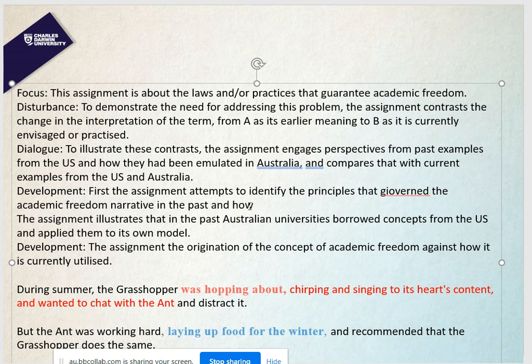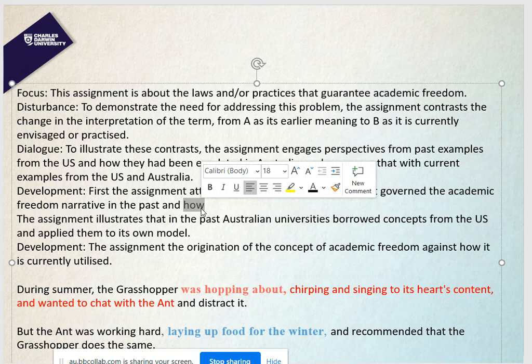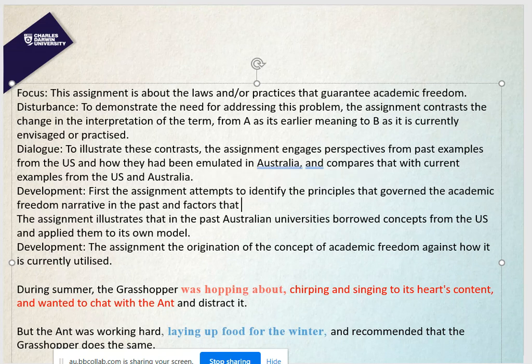Principles that governed academic writing in the past and factors that appear to have influenced them.